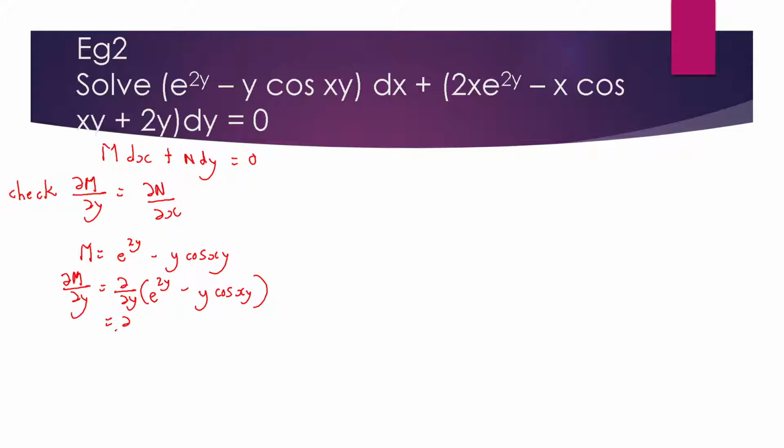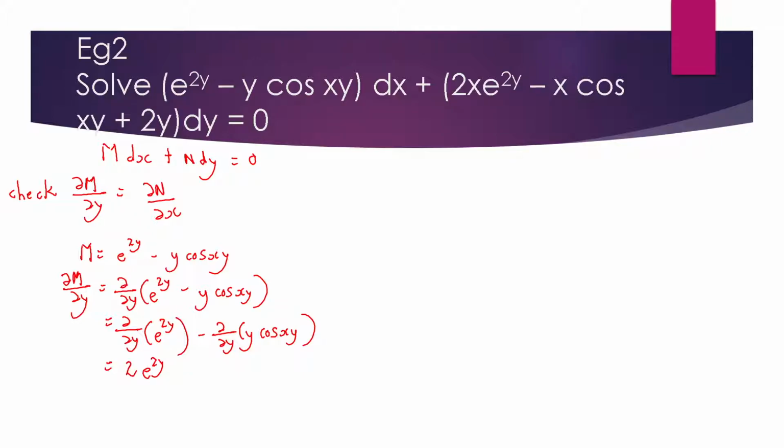Then you del y of e^(2y), so minus, you del y of y cos xy. First term, del y of e^(2y), differentiation. So you differentiate 2y is 2. For differentiation, it is 2 times e^(2y).